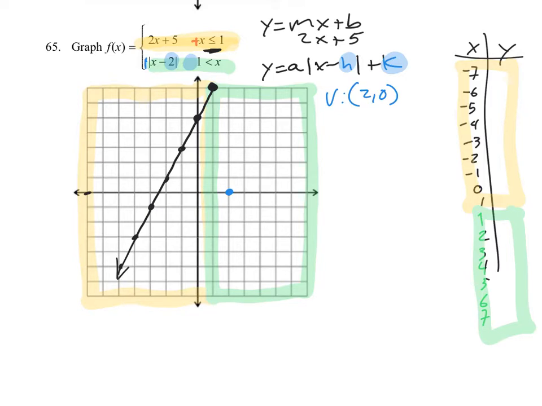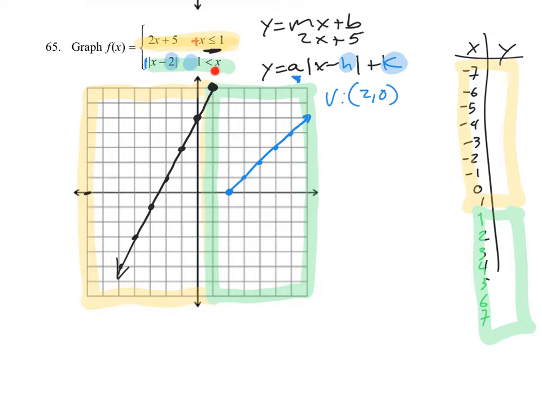And I told you guys from chapter 1 that the a value, the number out here, is simply the slope on the right side. So this thing has a slope of 1, but only on the right side. On the left side, it has the opposite slope. So that means it's going back to over here. It's going to go up this way. However, we have a border here, right?